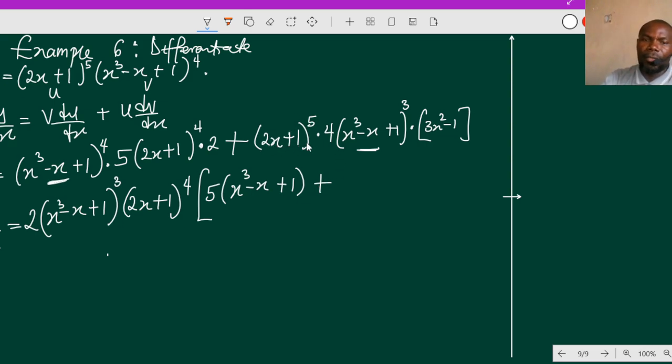All this one has gone, remain this 4. You now have 2x plus 1 onto 3x squared minus 1 multiplied by 2.